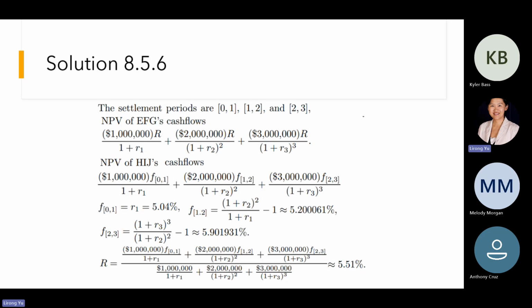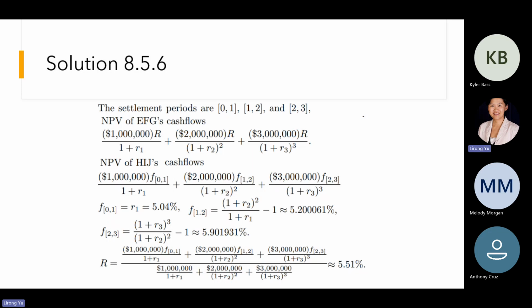So we let the present value of the first cash flow equal the second one and solve for R. Any questions on the calculation? So we're really setting the two present values, in the first equation and the second equation, equal and solving for R. It does involve a little bit of calculation of the floating rate.